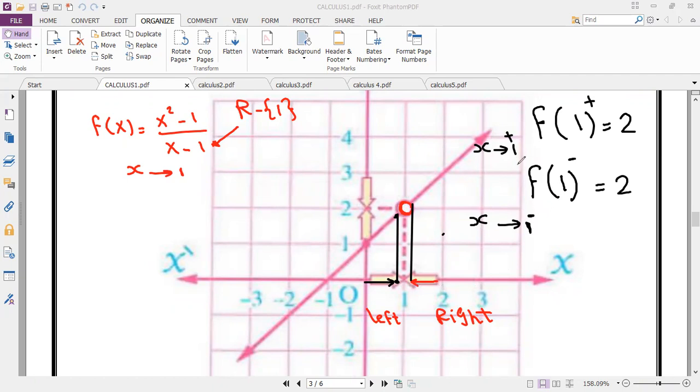You will find the right limit is equal to the left limit. So because they are the same, the limit of the function f of x when x approaches 1 equals 2.